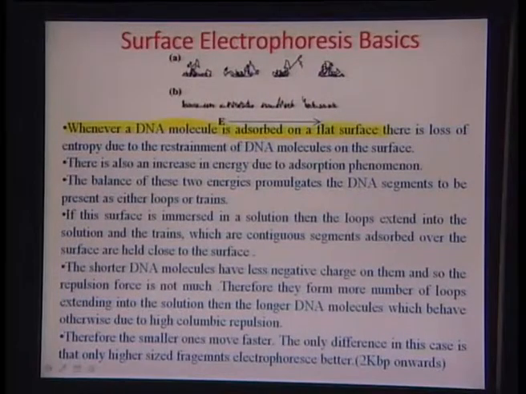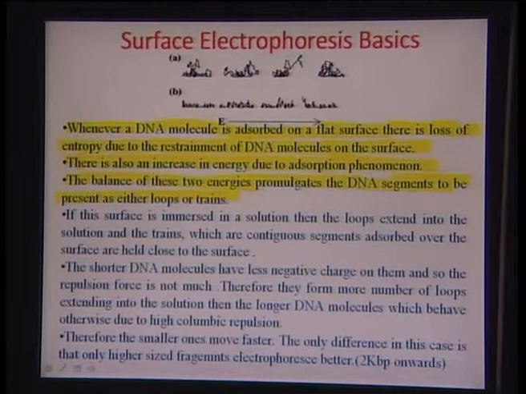So essentially, when a DNA molecule is adsorbed on a flat surface, there is a loss of entropy due to the restrainment of DNA molecules on the surface. There is also a decrease in energy due to the adsorption phenomenon, and the balance of these two energies causes the DNA segments to be present either as loops or trains.